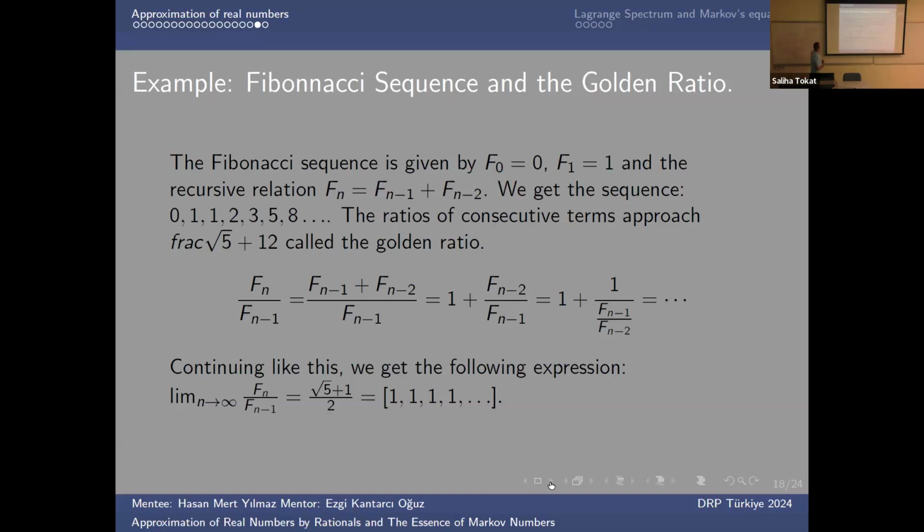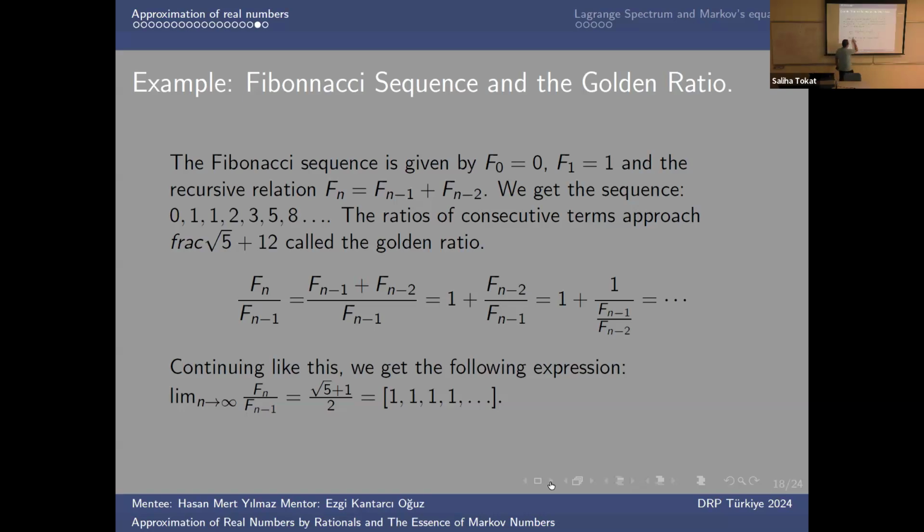Let's take an example: the Fibonacci sequence. The ratios of consecutive terms approach the number equal to (1 plus square root of 5) over 2, called the golden ratio. And we have this recursion formula. Let's write F_n over F_(n-1).